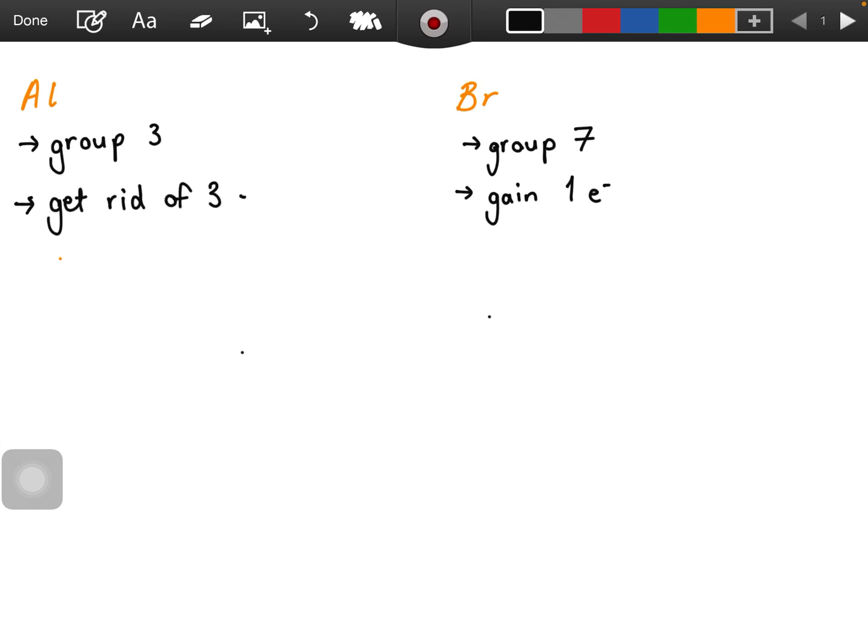Okay. So is aluminium going to be happy if bromine comes over and just takes 1 electron? If it just gets rid of 1 electron, it still has 2 in its outer shell. So it's going to just be like, no, I'm not doing that as a deal. I want to get rid of 3 electrons so that I can have a full outer shell as well.